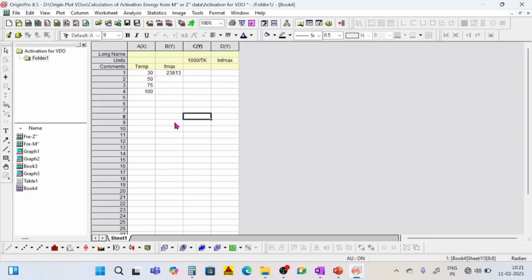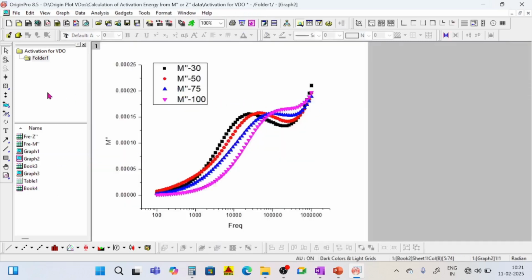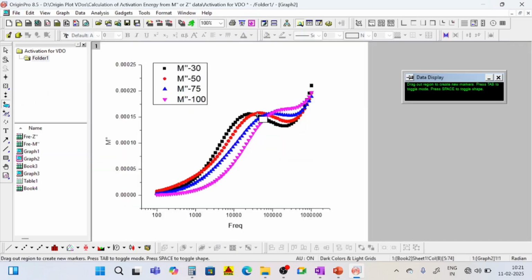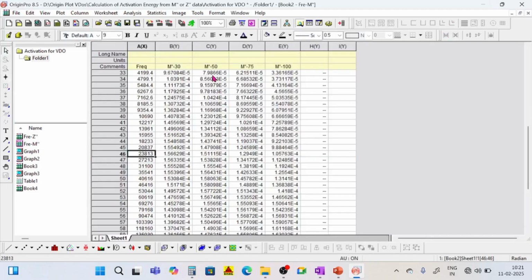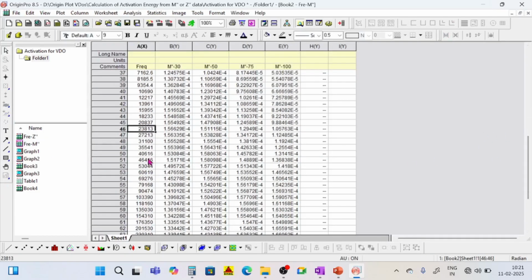Likewise for 50 degree, what will the value be? This peak is here, around 42,000, you have to search. 42,000 means just come to here, 1.58, 1.58098, then 1.57.